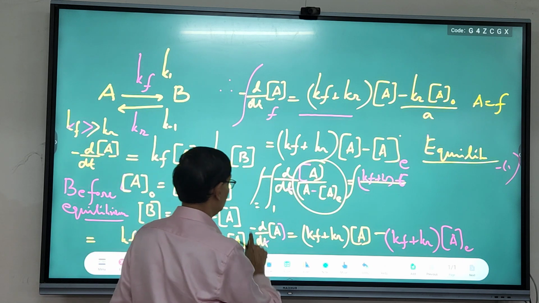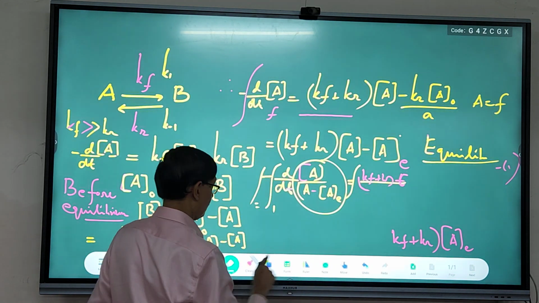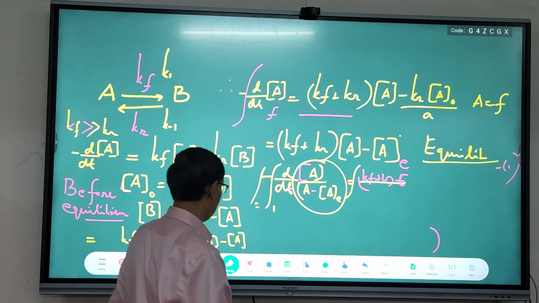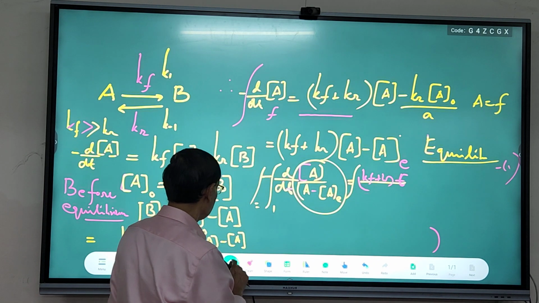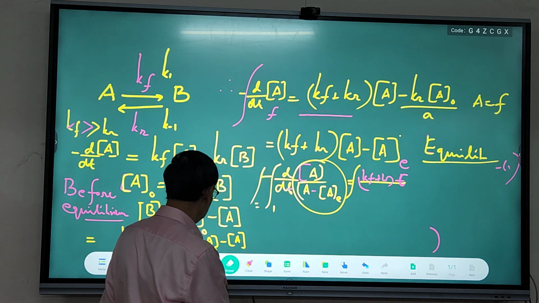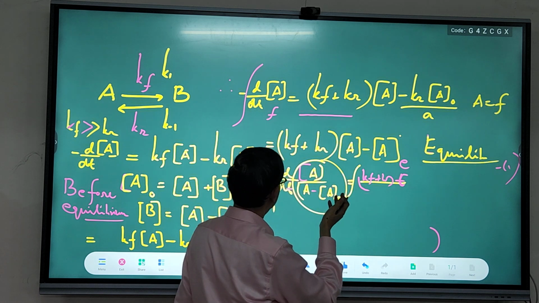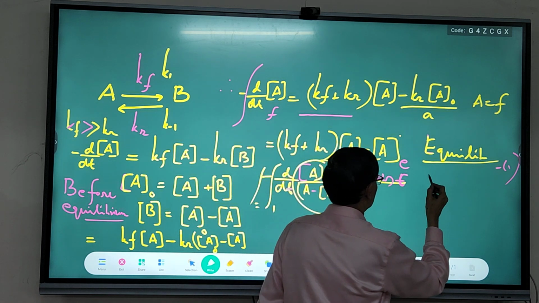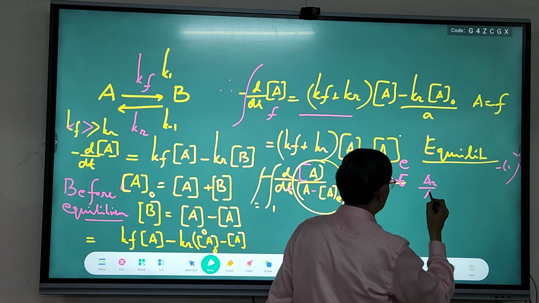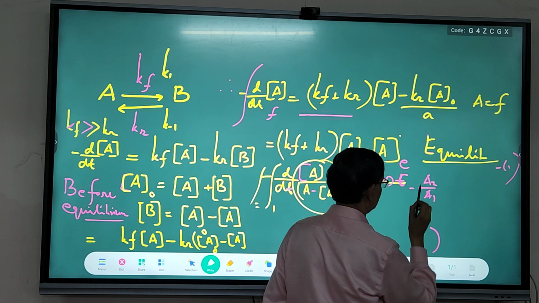So you will get, I have only one solvable equation. I will get natural log, same thing, A2 minus A1. There is a minus sign.